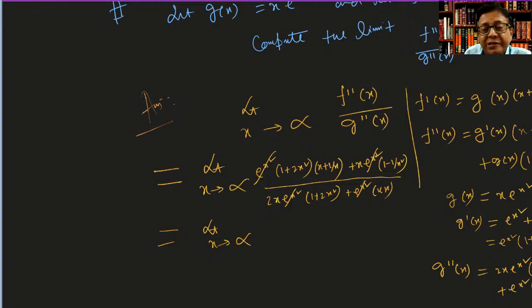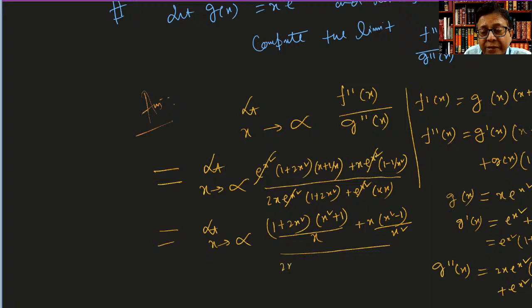You take the LCM, into by x, plus by x square, that divided by plus 4x, isn't it?